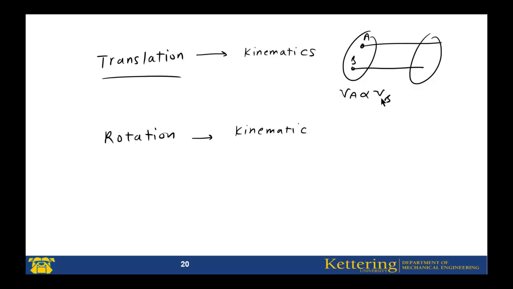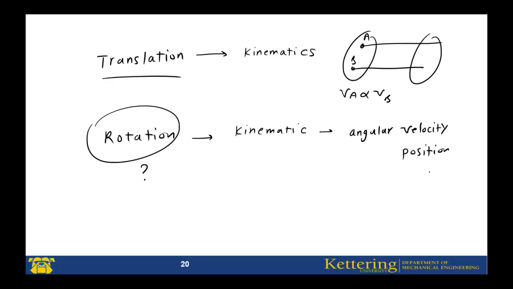Also, for a rotation, what I'm going to do today, I will explain what the type of the rotation is, what angular velocity is, angular position, and angular acceleration, and how we can relate them together. I'll relate this with this, or this with this, or vice versa. This is the remainder of today's class.